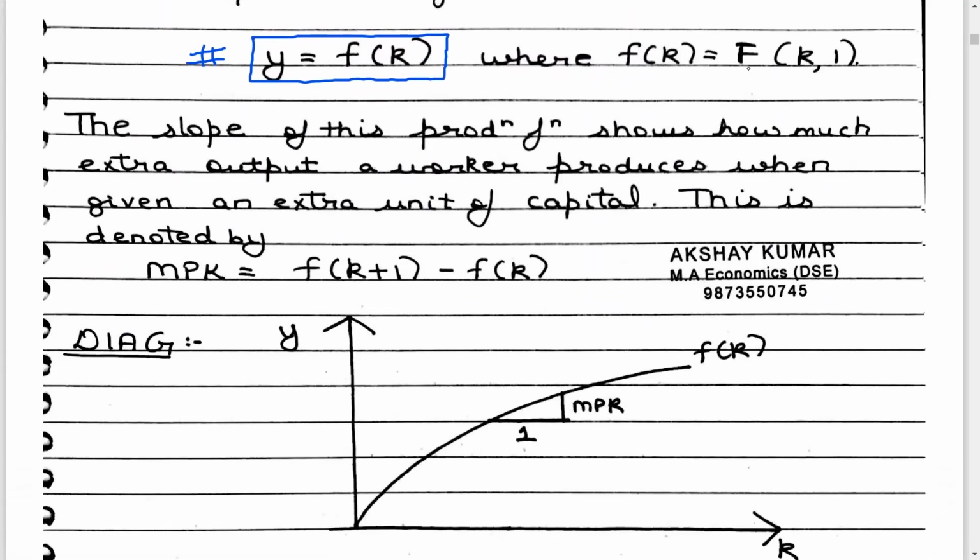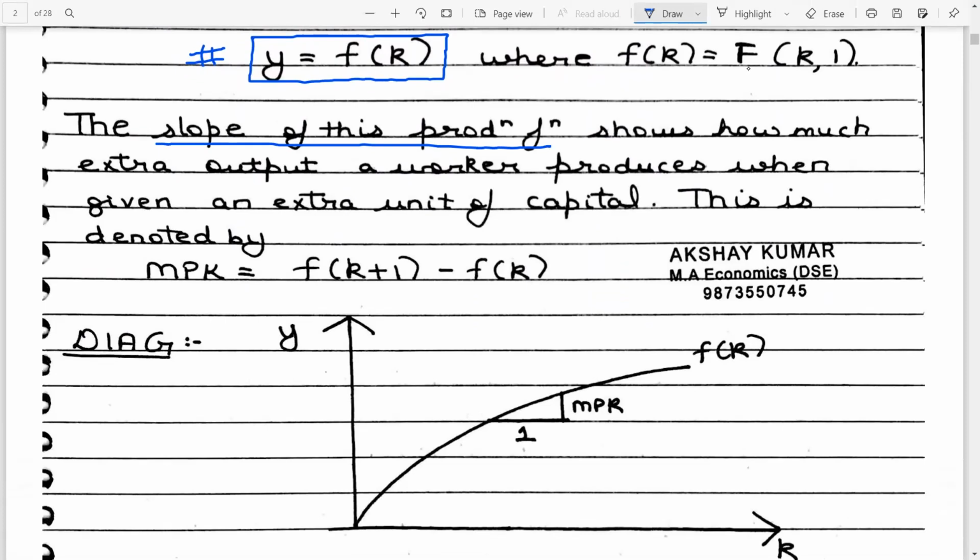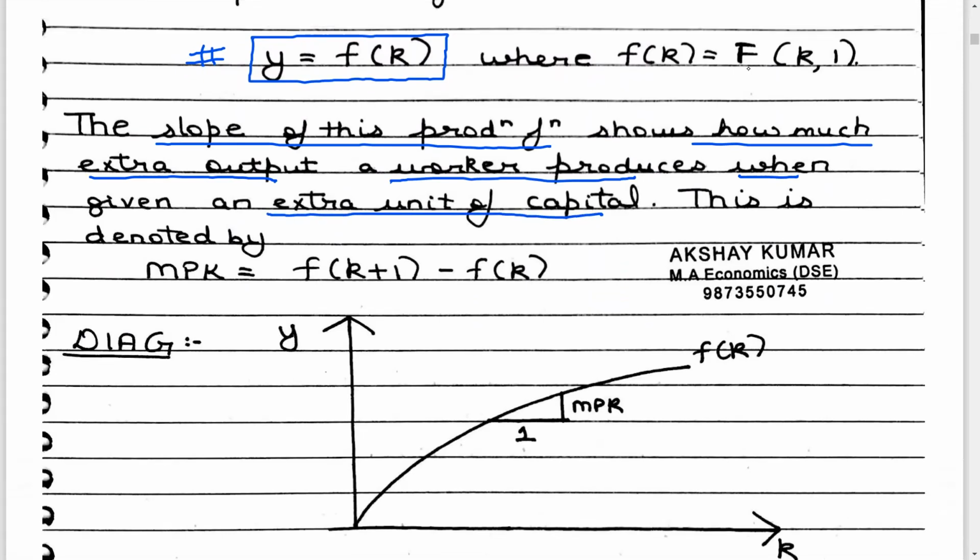Now guys, what does the slope of this production function tell us? The slope of this production function shows how much extra output a worker produces when given an extra unit of capital. So basically, if you hire one more unit of capital, how much extra output will be produced by the worker?